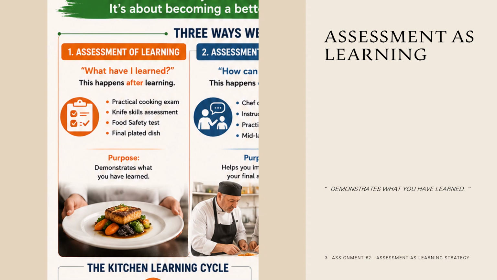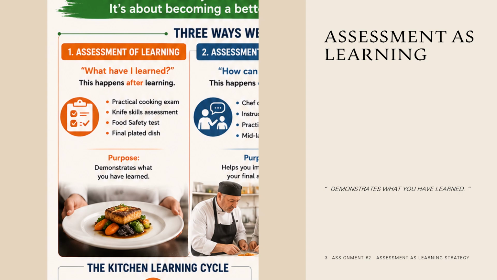Assessment of learning takes place after students complete a learning activity such as a practical exam, skills assessment, or final product evaluation. These assessments help determine whether students have achieved the required learning outcomes in the culinary kitchen.